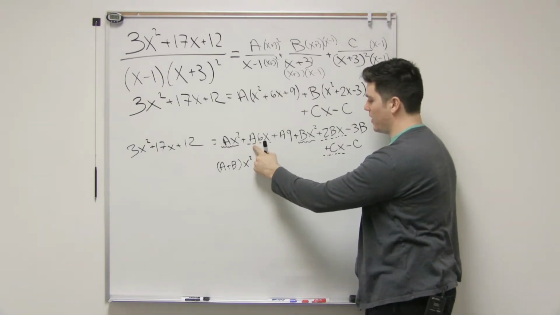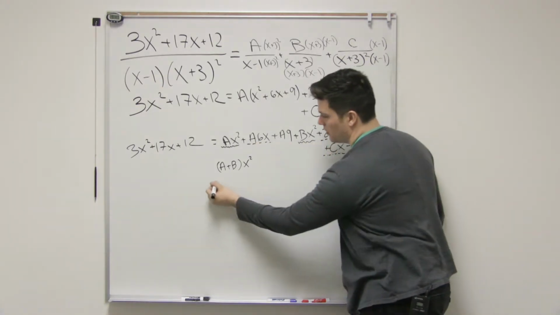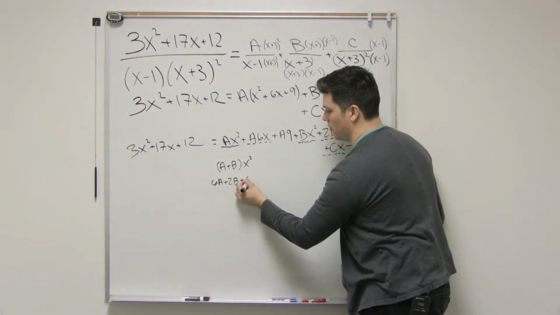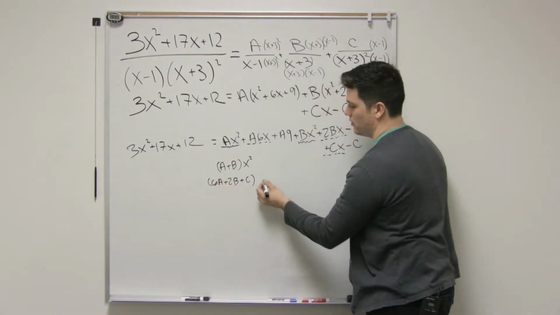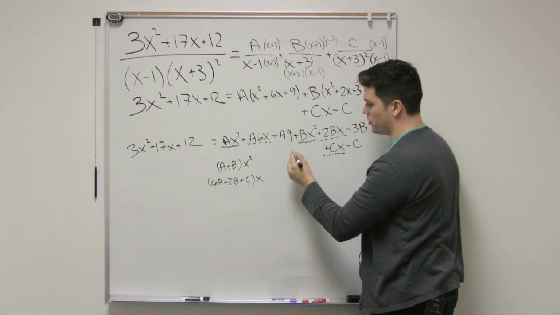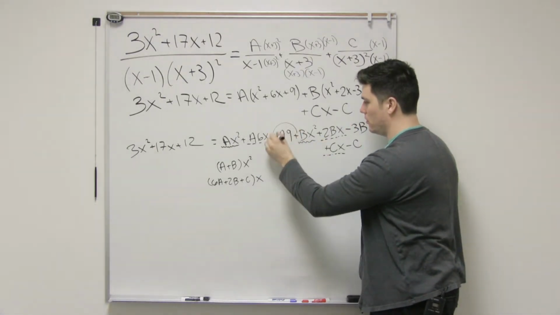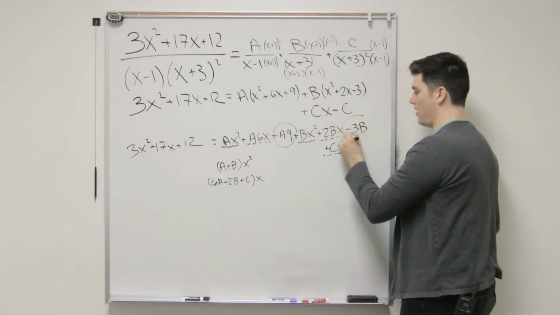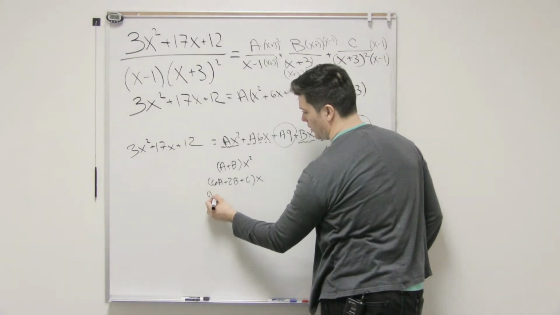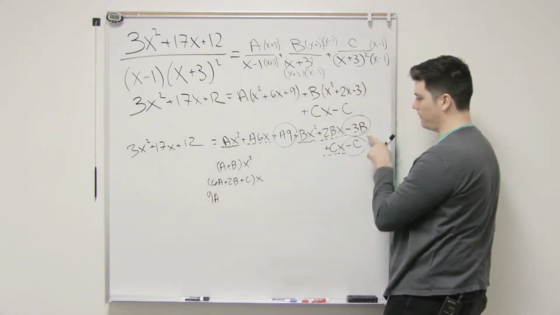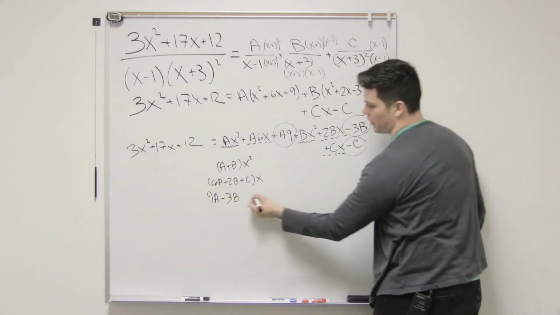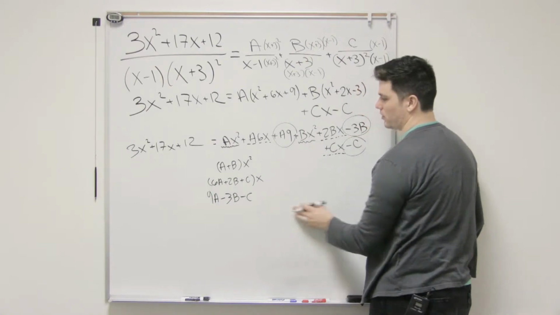So we've got 6a plus 2b plus c x. And then we're going to go ahead and circle any constant. We've got a 9a, we've got a minus 3b and a minus c. So let's switch it to 9a minus 3b minus c, and that's our constant.